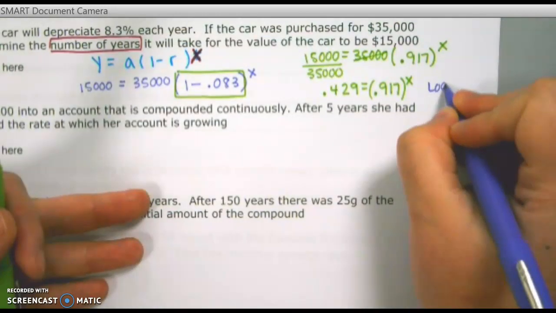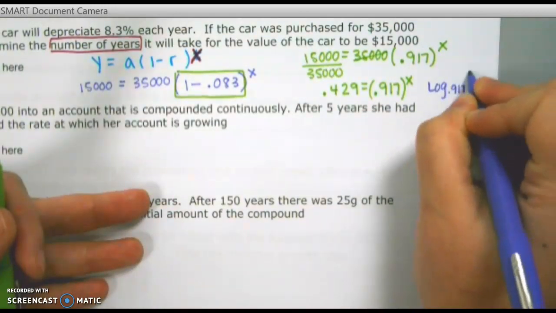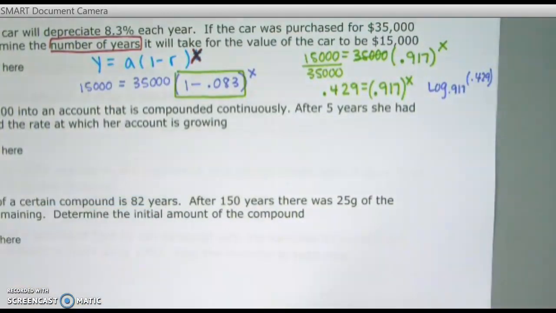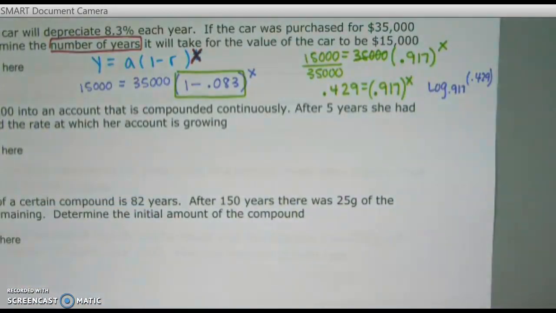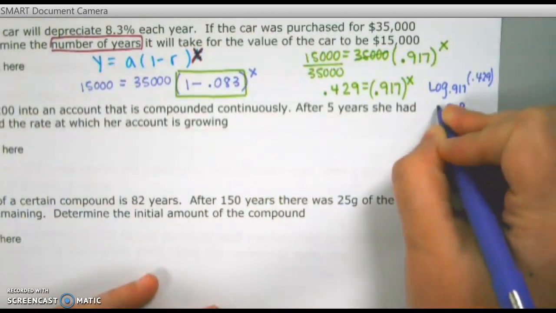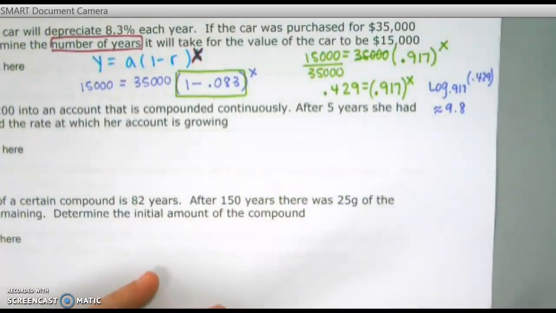So log, my base is 0.917, and my 0.429. So I'm just typing it in my calculator, log with a base of 0.917, and in the parentheses, 0.429, and I got about 9.8. So about 9.8 years.